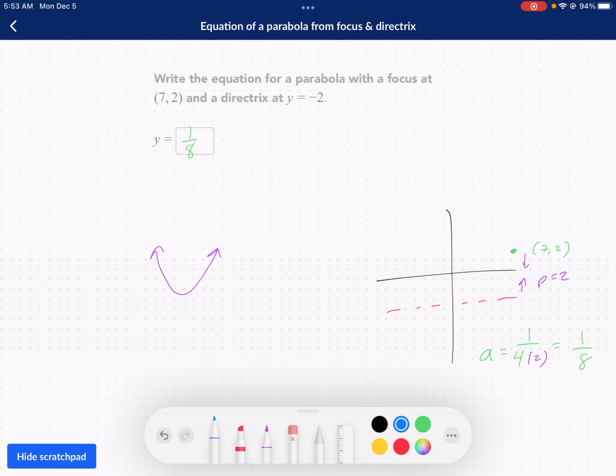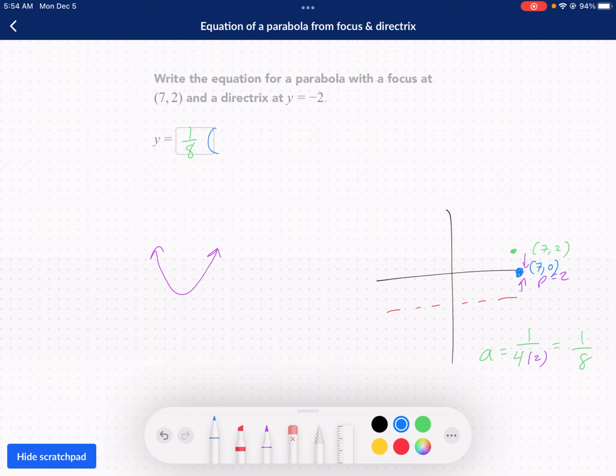Now I just need to label my vertex. I need to find that point. It's going to be halfway between these. So if I go up 2 and down 2 from the focus and up from the directrix, I'm going to get to the point 7, 0. See, that's why I think it's very important to draw a picture. It really helps you. You don't have to do as much math if you draw a picture.